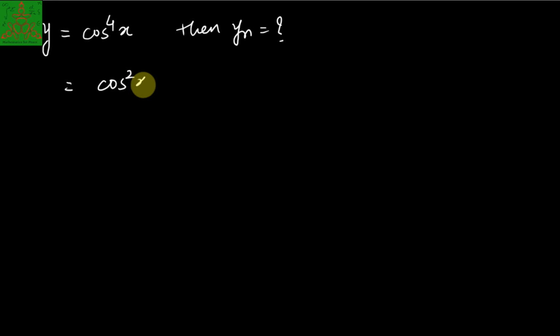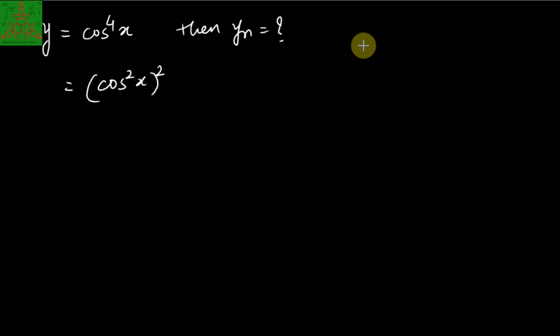Now let us take the next example: y is equal to cos power 4 x. The question is, what is yn, the nth derivative of cos power 4x? As we know, cos power 4 we can write as cos square whole square.